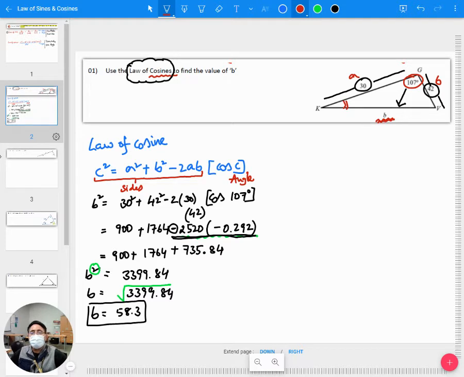I am taking this one in the place of c because opposite to the angle 107, whatever side is there is to be considered as c. The rest of the sides, one is assumed as a and the other as b, then plug in these values and find the value of b.